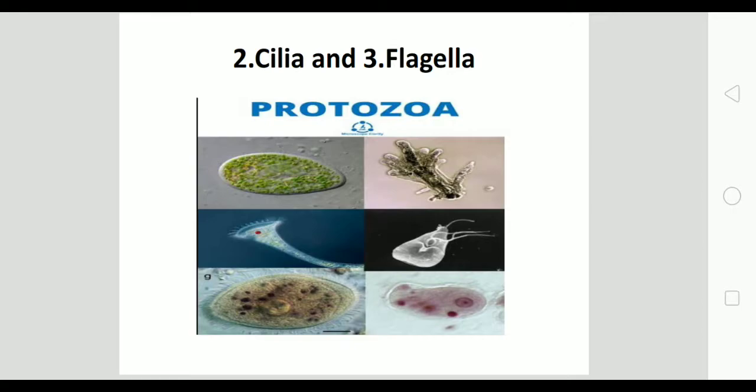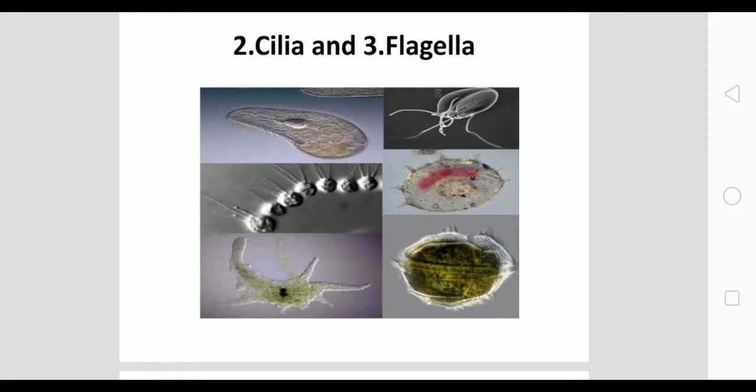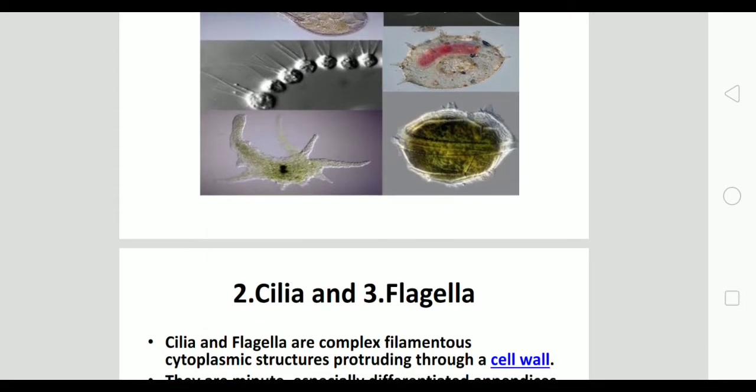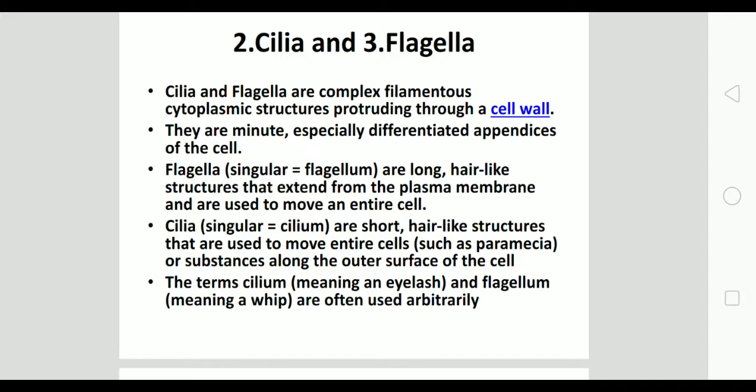The cilia and flagella both are locomotory organs, both are movable, but there is a basic difference. In this diagram also you can observe the different types of protozoans having cilia and flagella. These cilia and flagella are complex filamentous cytoplasmic structures protruding out of the cell wall.